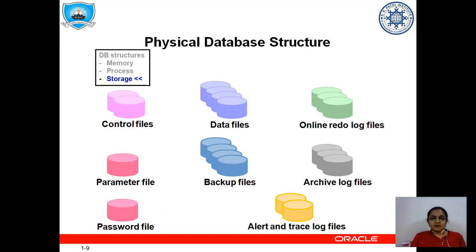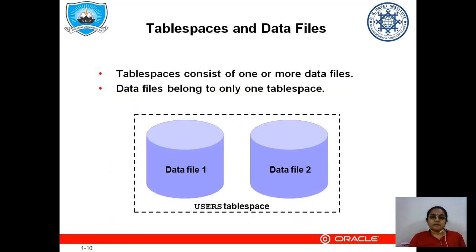Alert and trace log files consist of all alert messages generated during access of the database by the user, so that whenever the DBA wants an audit trail, it can be used. So these are all the important components of storage. Physical components, we can say, are the components which physically exist in the memory, or we can say the hard disk. Now let's proceed further.